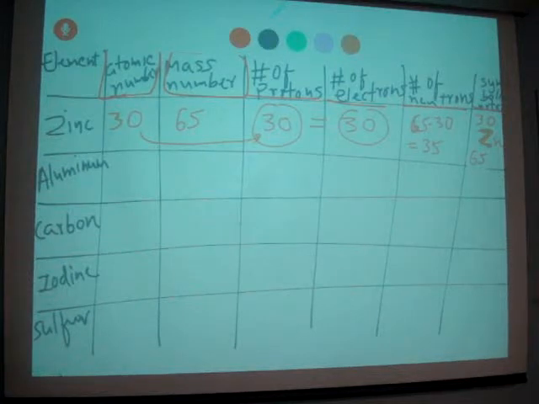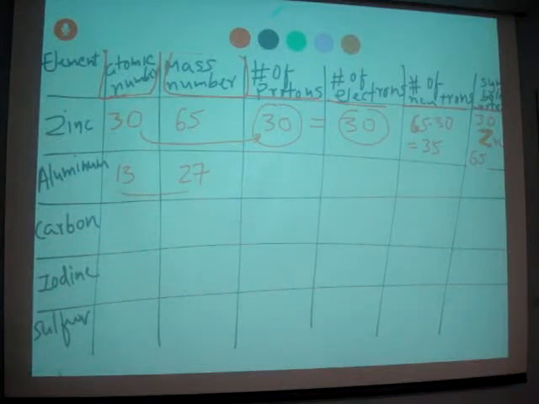Okay. Now let's work on aluminum. What is the atomic number for aluminum? 13. The atomic mass is about 27.